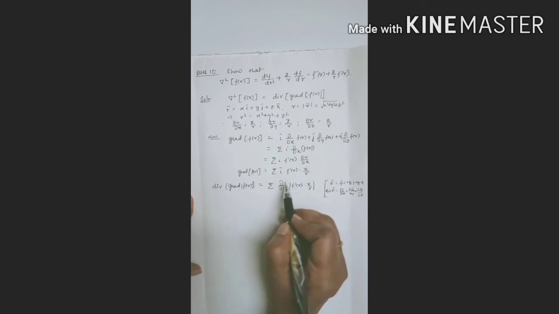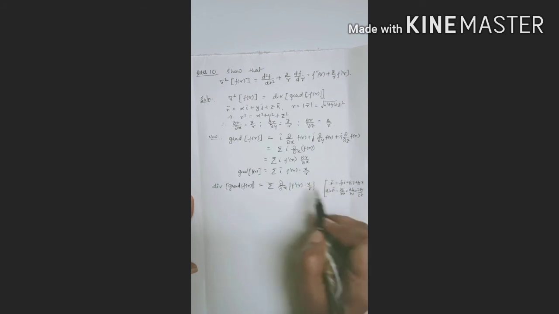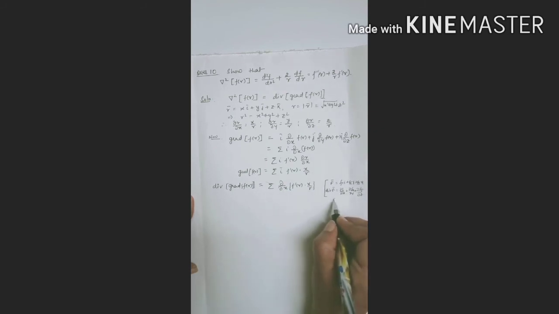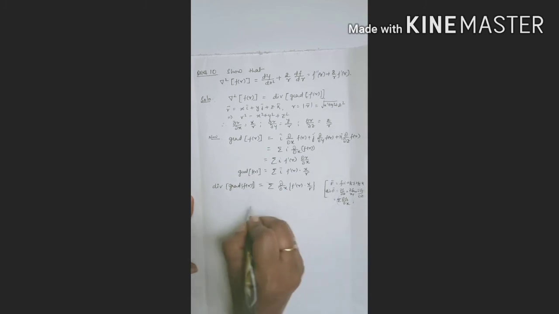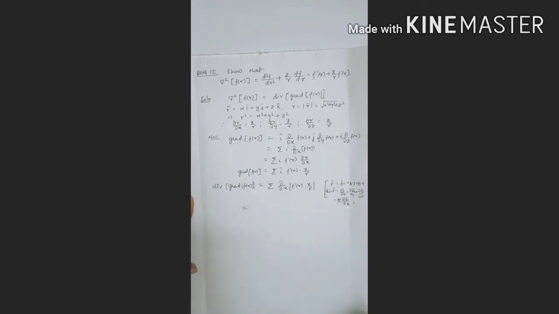So here instead of doing del by del x for i and del by del y for the j component, I am doing only for the x component, that is, I can write it as summation del f1 by del x. Right, so I am using this, and this can be duplicated for y and z. So I am doing only for x and will be repeating for the rest. So see here, now see there are two terms involved here.